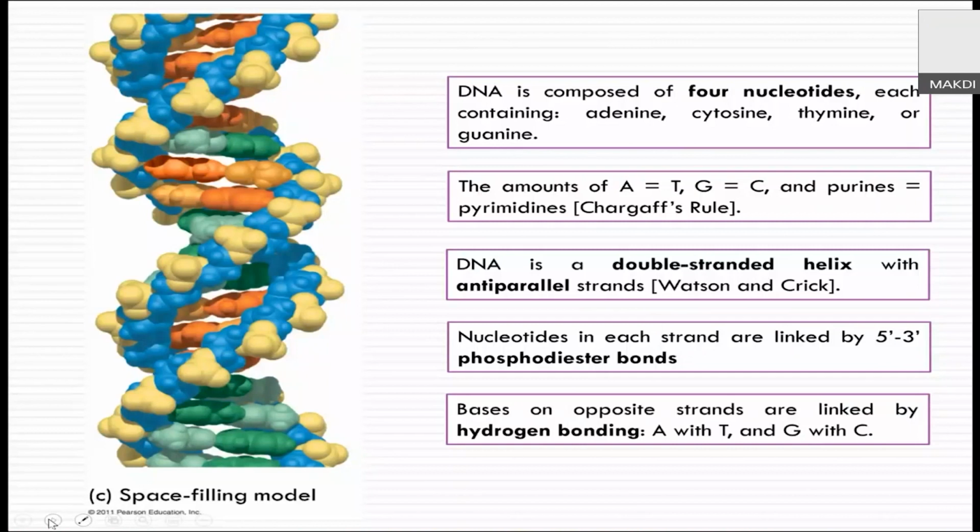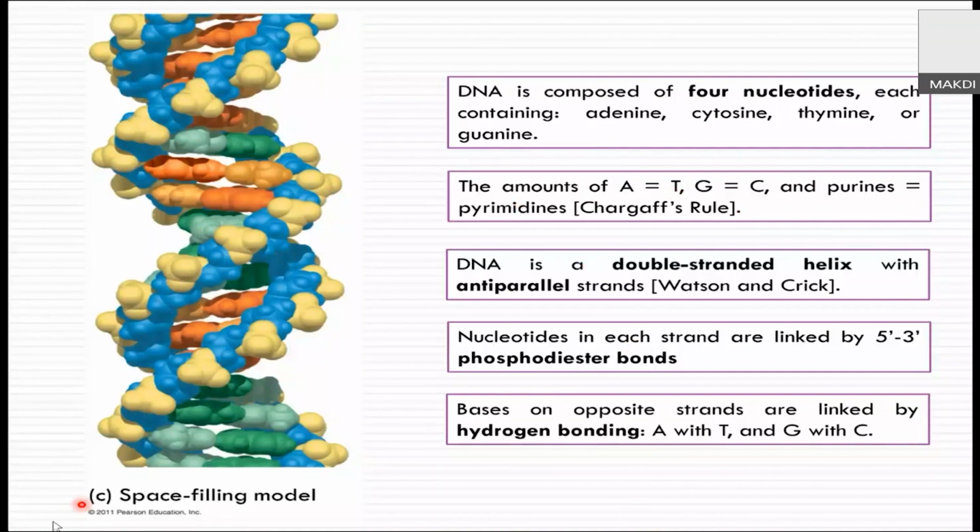And then the 2 strands are linked together by hydrogen bonding between A and T and G and C. The AGCT within a strand are linked by phosphodiester bonds, but between the 2 strands, in the middle here, they are linked together by hydrogen bonding.